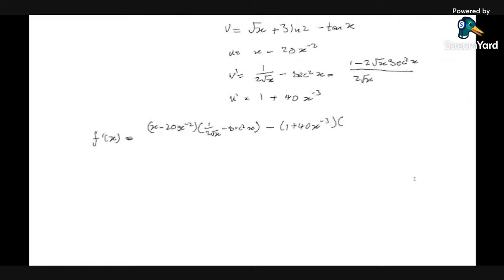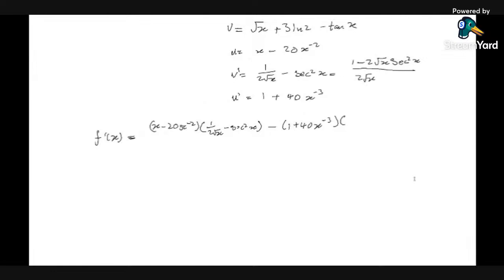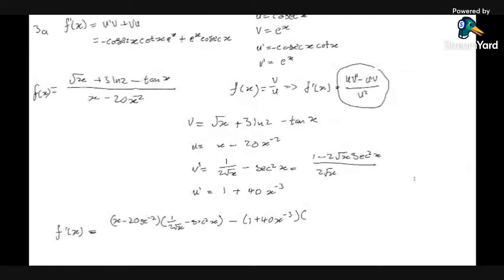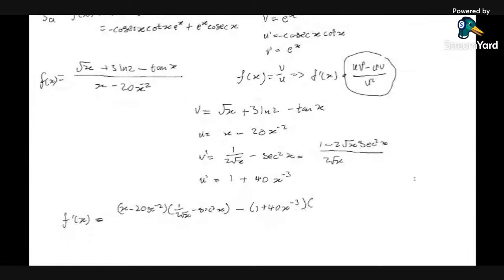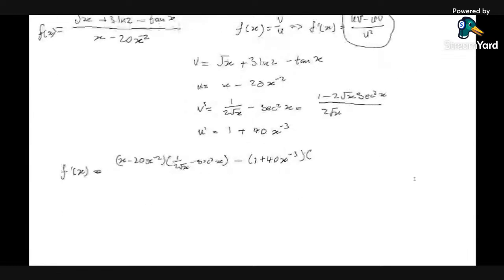Okay, so now it's times this top part, which is that V, right? So the V part is this long part. This will be given by square root of x plus 3 ln of 2 minus tan of x.